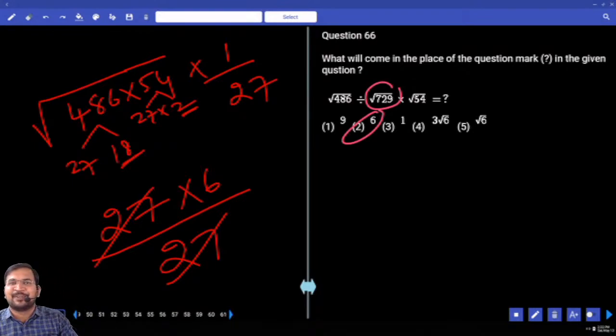Like that it's not possible. Clear? Because there is no root for 486 and no root for 54. And don't multiply under root of 486 into 54.